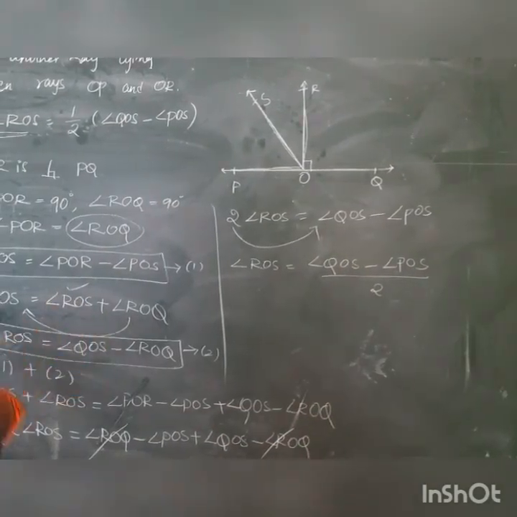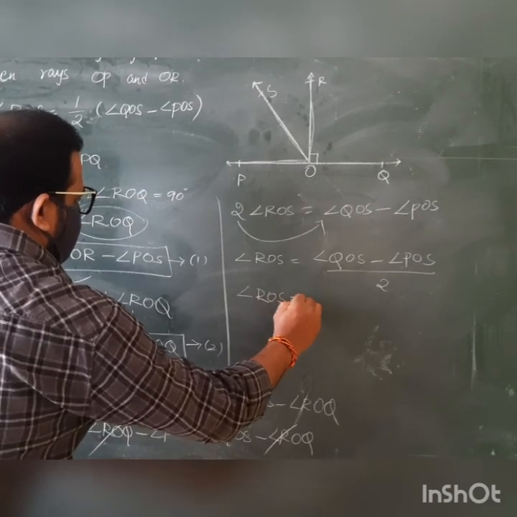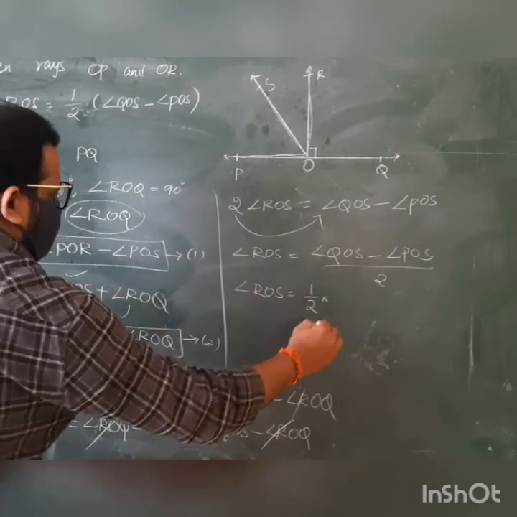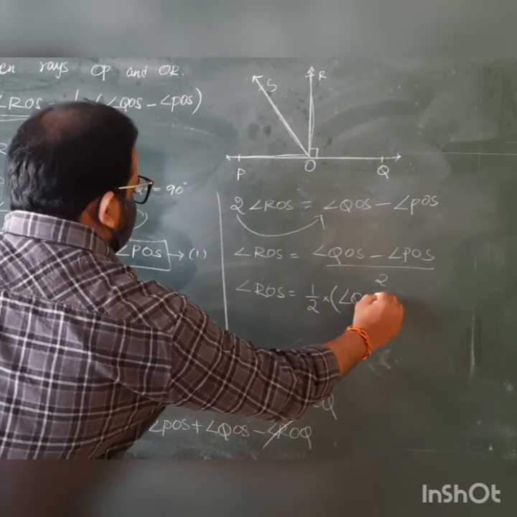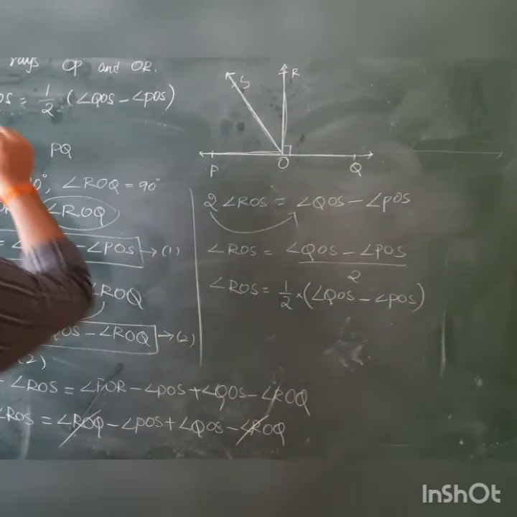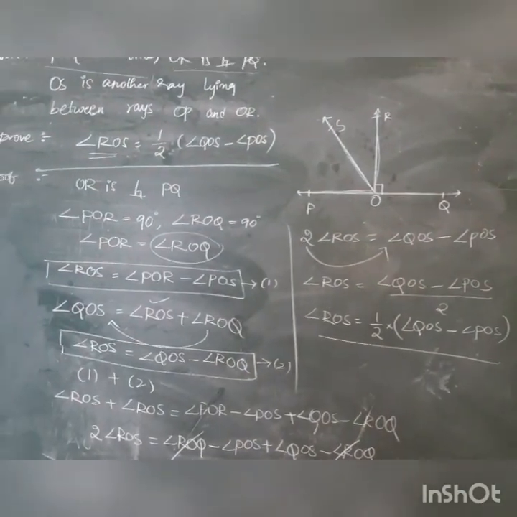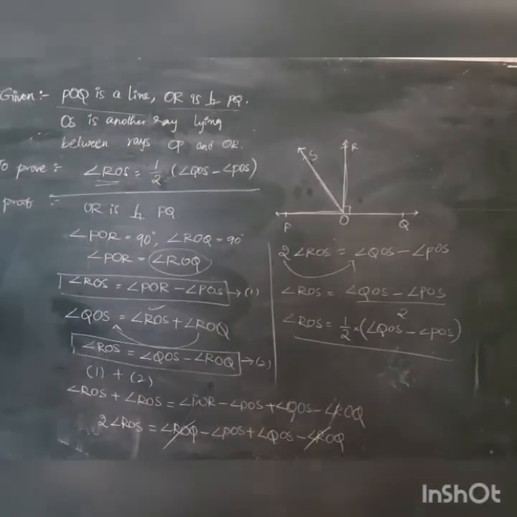So we will get angle ROS equal to 1 by 2 into angle QOS minus angle POS, which is the required one to prove. Hope you all understood 3 problems. The remaining problems will continue in the next class.